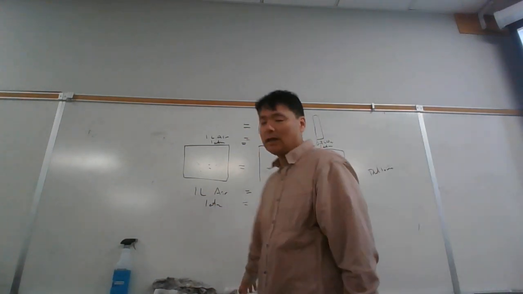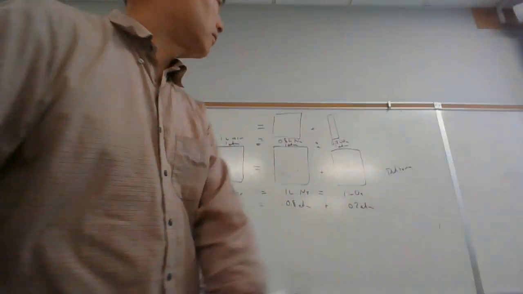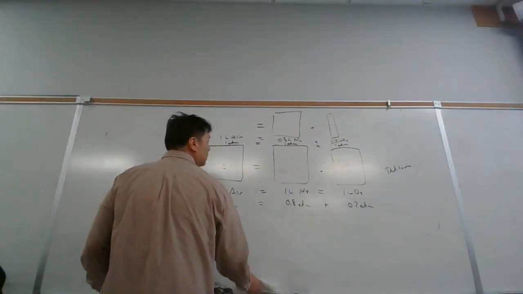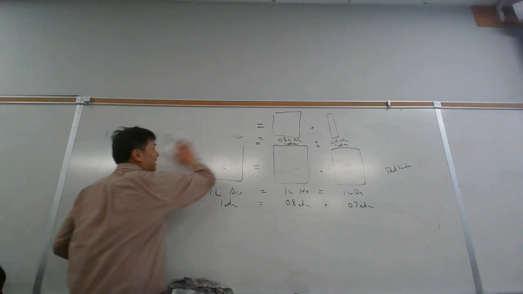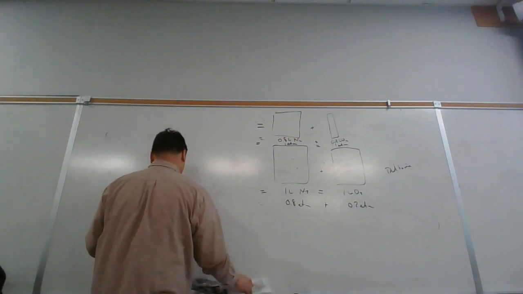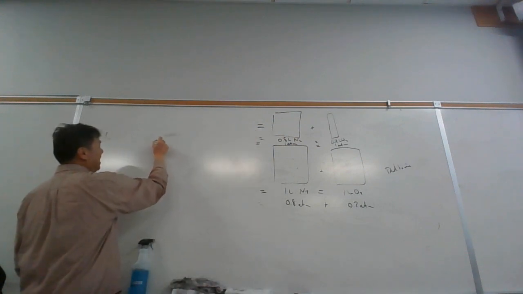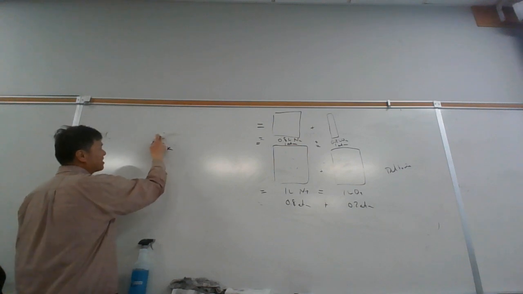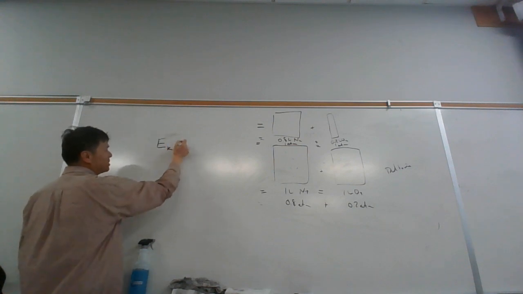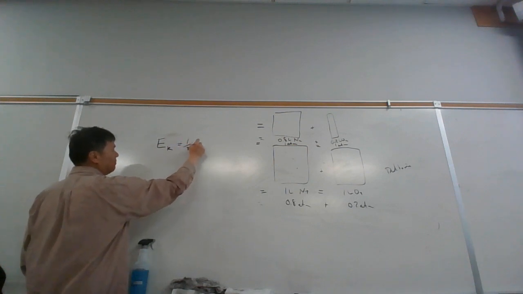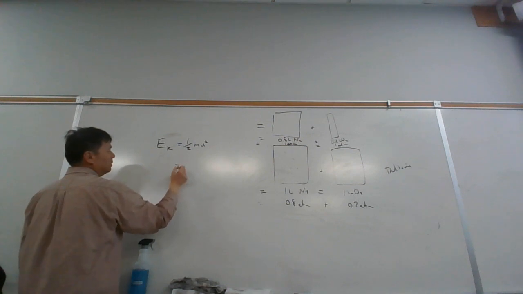So I give you the kinetic energy equation on this, so you wouldn't have to have it memorized. But the kinetic energy equation is EK. This is not going to be the average kinetic energy, because the average kinetic energy is equal to the URMS. But this is just going to be 1/2 mu squared, where u is the speed of it.